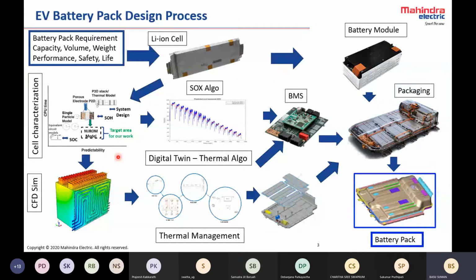So you have to thermally manage it. So we know that from this information, what are the kind of heat generation that happens at what condition. So based on that, at different operating condition, we will simulate.